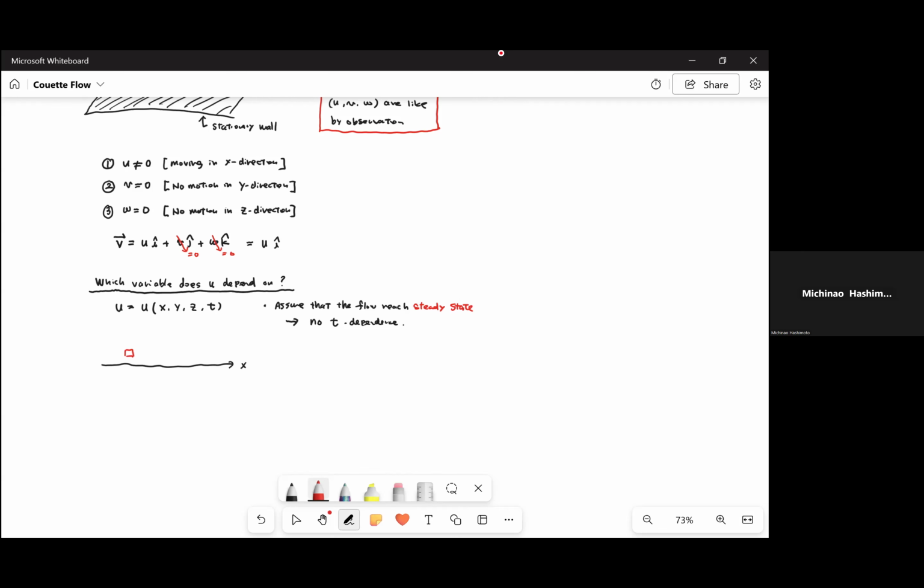If you have this fluid particle here, this one here, and this one here, these three fluid particles should be moving at the same speed along x. So another thing you can say is there is no x dependence.